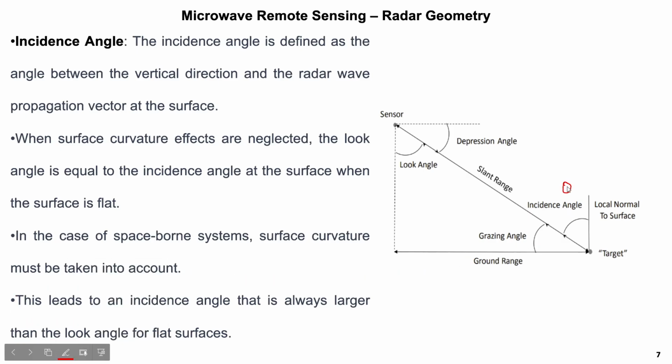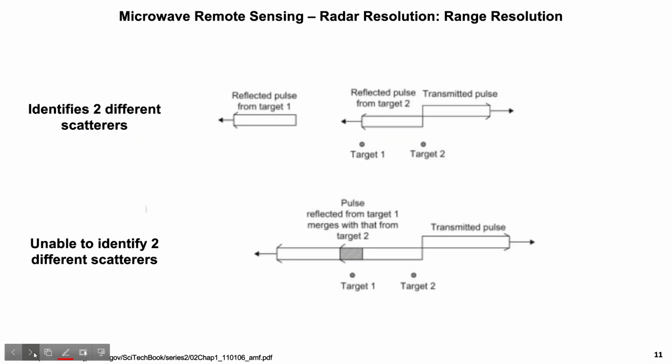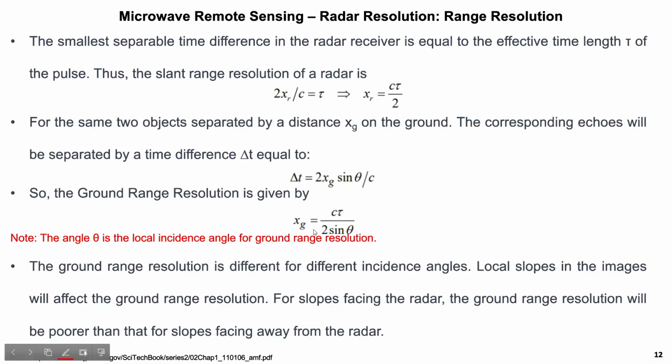If you are considering this as your theta, this will be 90 minus theta. And if you project this line onto the ground, it should be cos of 90 minus theta, which is nothing but sine theta. So that is what is written here. Your ground range xg uses the same formula, you just need to divide it by sine theta. And the theta that we are using is the local incidence angle, which will differ from pixel to pixel.